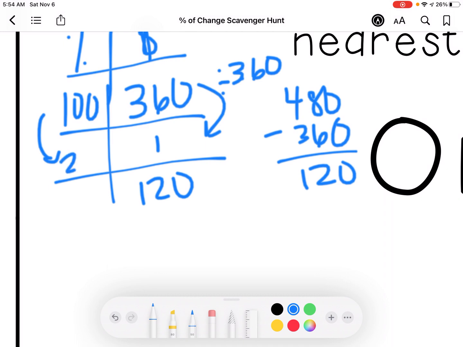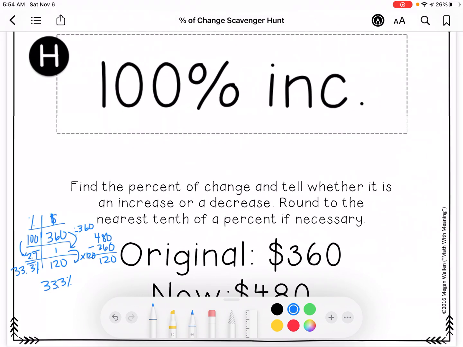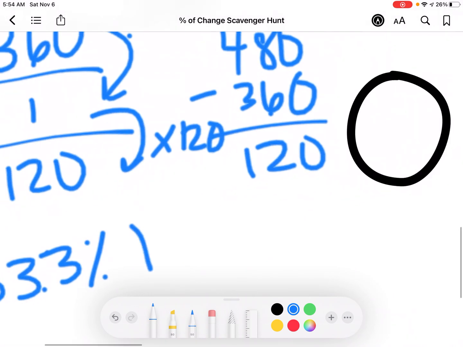And I get 2.7 repeating. Now I'm going to multiply by 120. I get 33.3% repeating. And that's an increase.